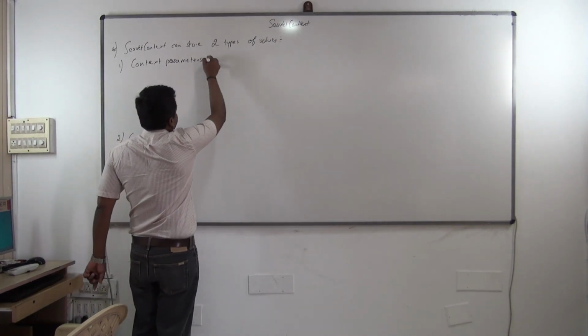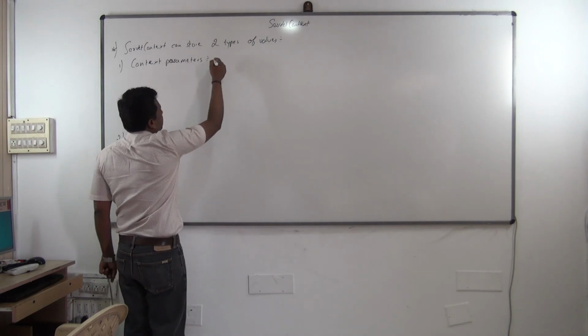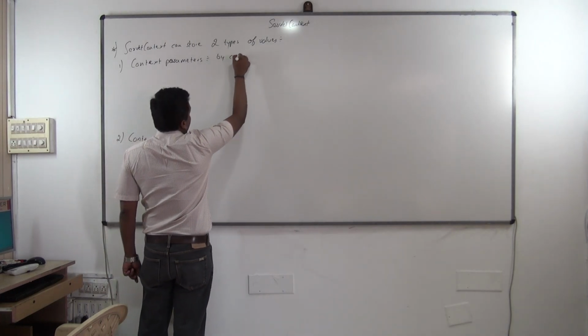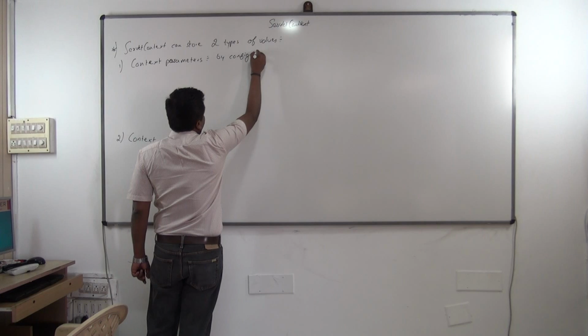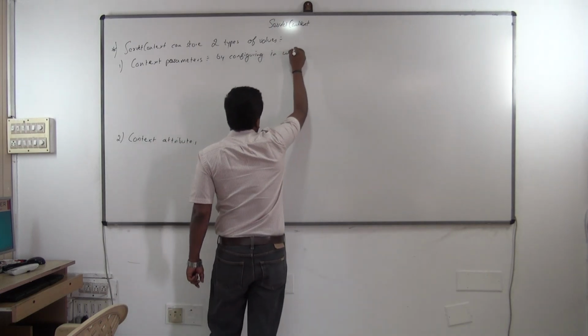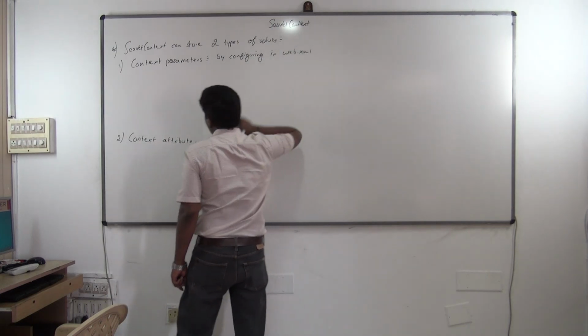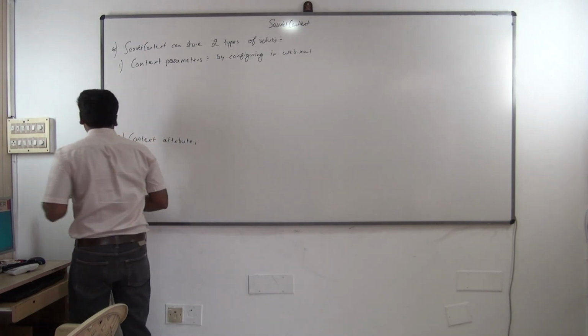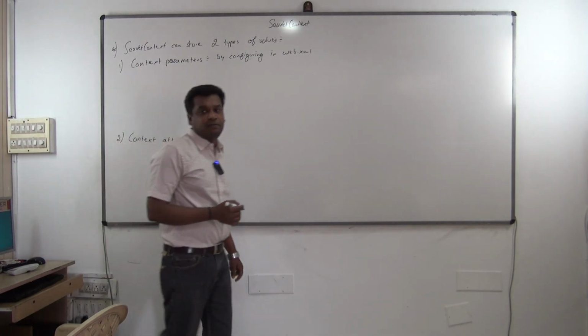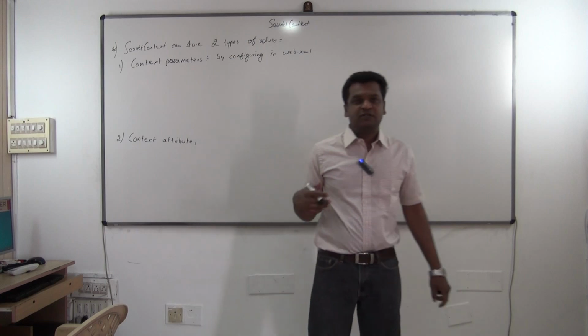So context parameters, how do you store them? By configuring in web.xml. You configure it by using context-param, param-name, param-value. That's how you configure.